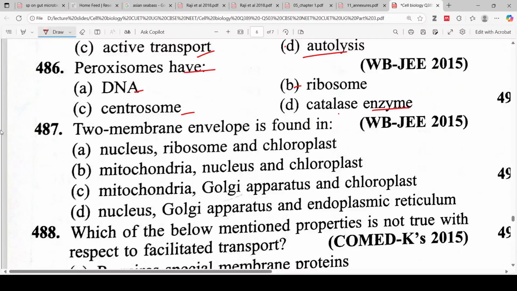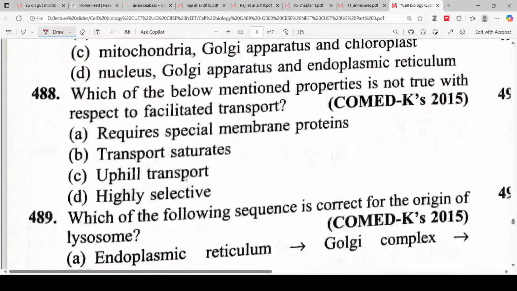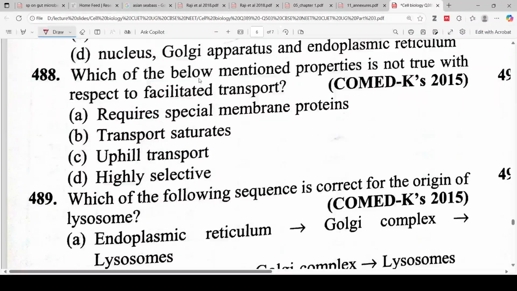So the correct answer will be option D. Two membrane envelope is found in nucleus, ribosome, chloroplast, mitochondria; nucleus, chloroplast will be option B, the correct answer. Which of the below mentioned properties is not true with respect to facilitated transport? The correct answer will be option C, active transport.